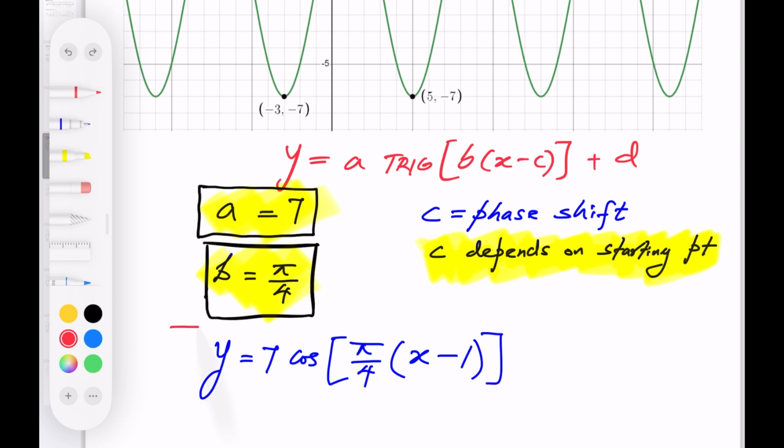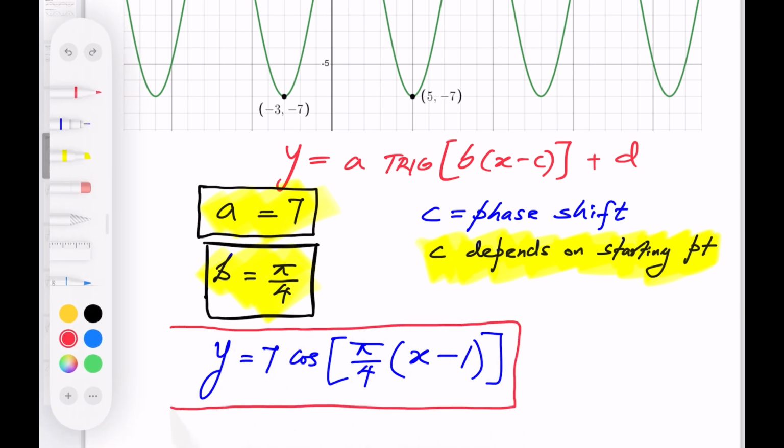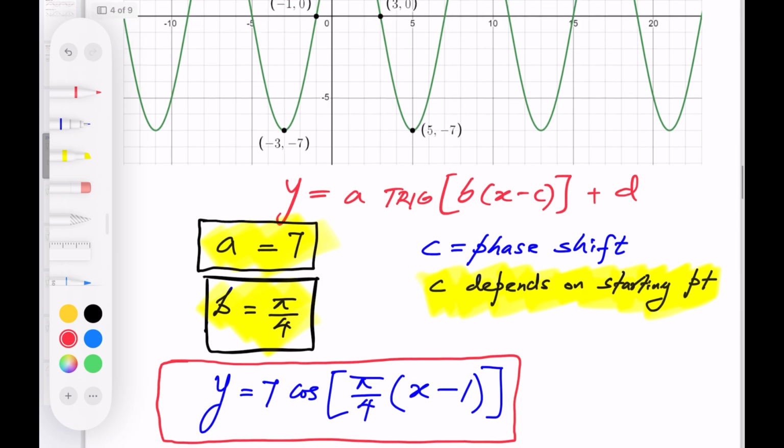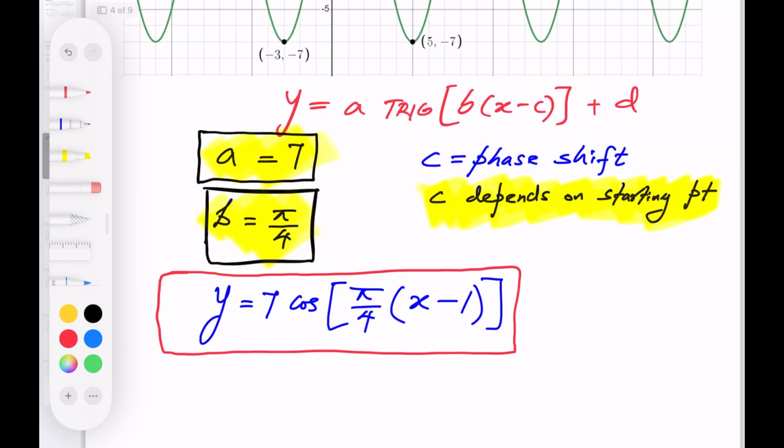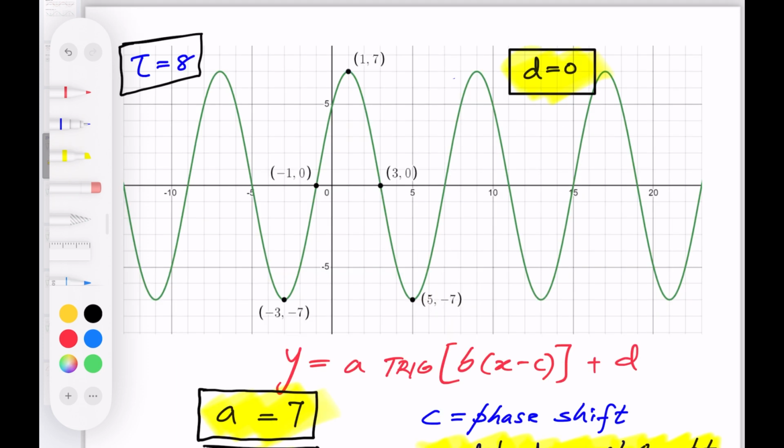Therefore, this is the final answer, the equation that we obtained for this sinusoidal function using the point (1, 7). You may use Desmos and obtain the graph of this function and see if it looks like the graph given here.